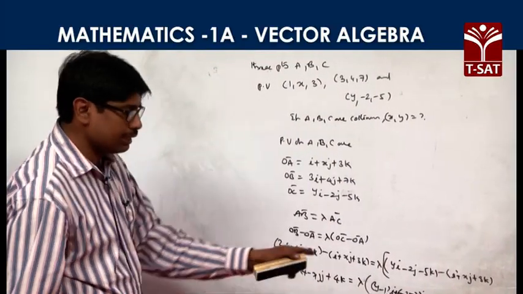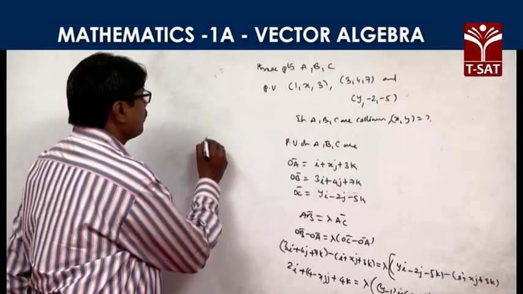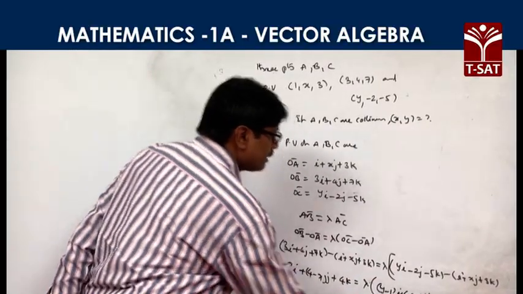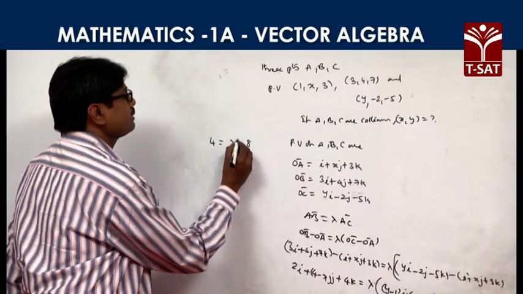On equating the K component, 4 is equal to lambda into minus 8.